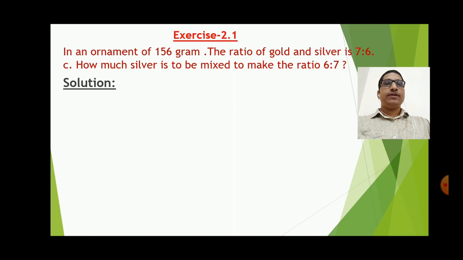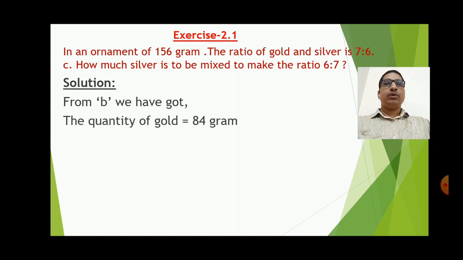Solution. At first we will write the information we got. Here from B we have got the quantity of gold equal to 84 gram and the quantity of silver equal to 72 gram. Now we will let the unknown quantity be x.